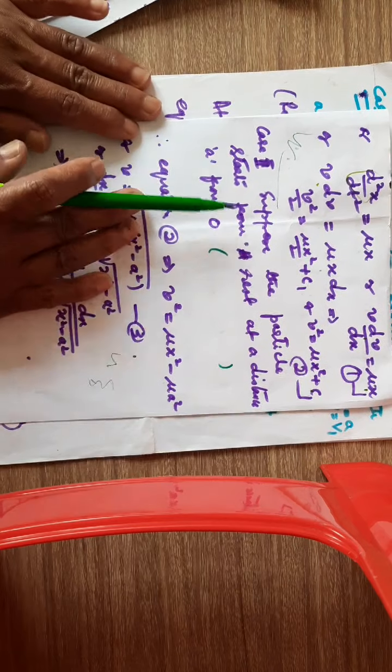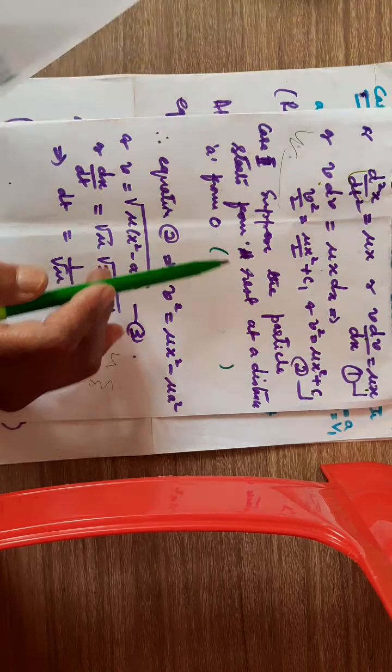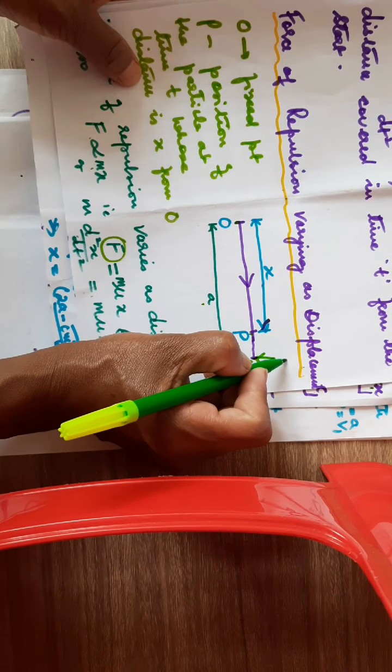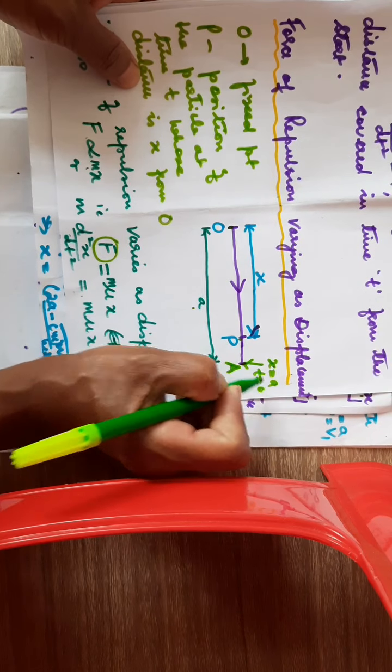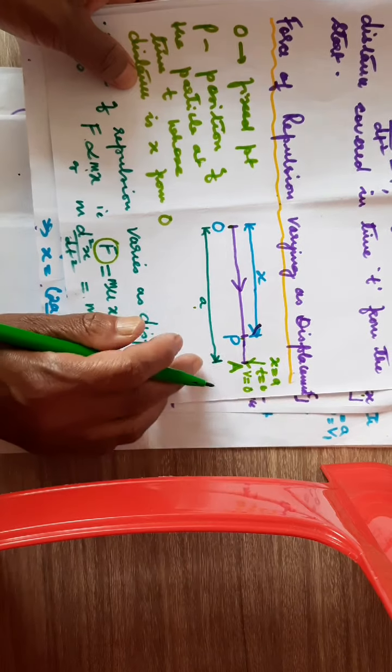Now let us consider case 1. Suppose a particle starts from rest at a distance a from O, that means x = a, t = 0. If it starts from rest, that means the velocity also will be 0.